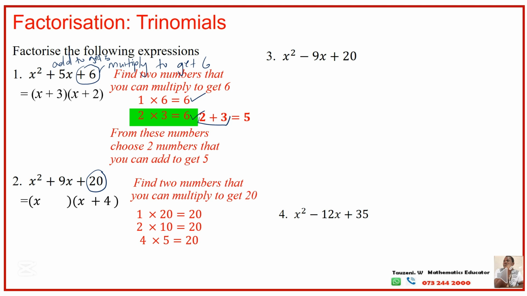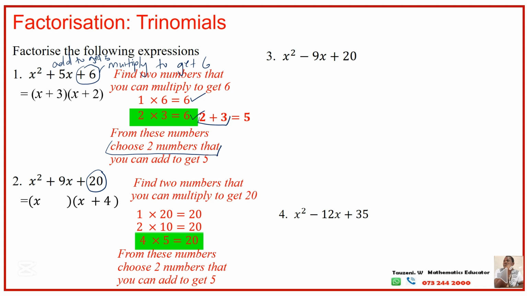Then from these, we need to choose two numbers that we can add to get the middle term. Our middle term is 9. So in this case, we can add 4 and 5 to get 9. We can multiply 4 and 5 to get 20. Those two numbers are going to be the factors of the expression. Then we have done our factorization.